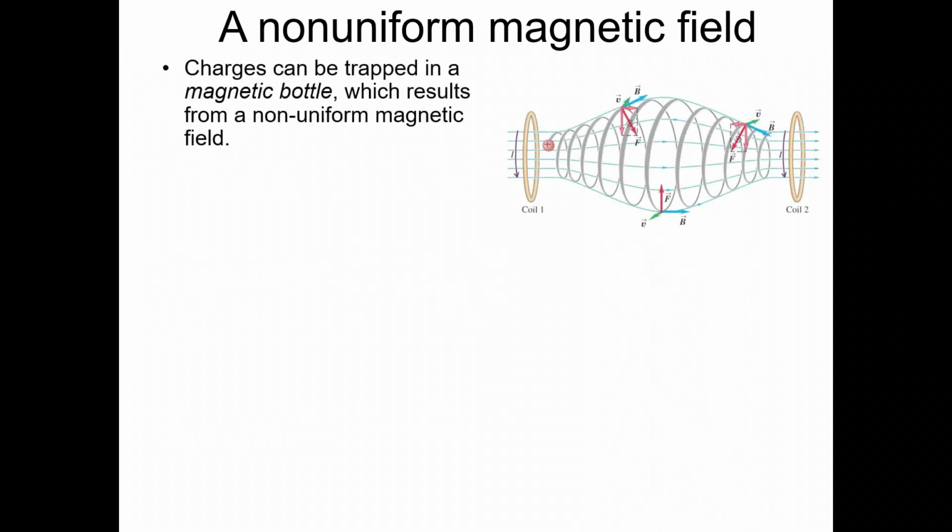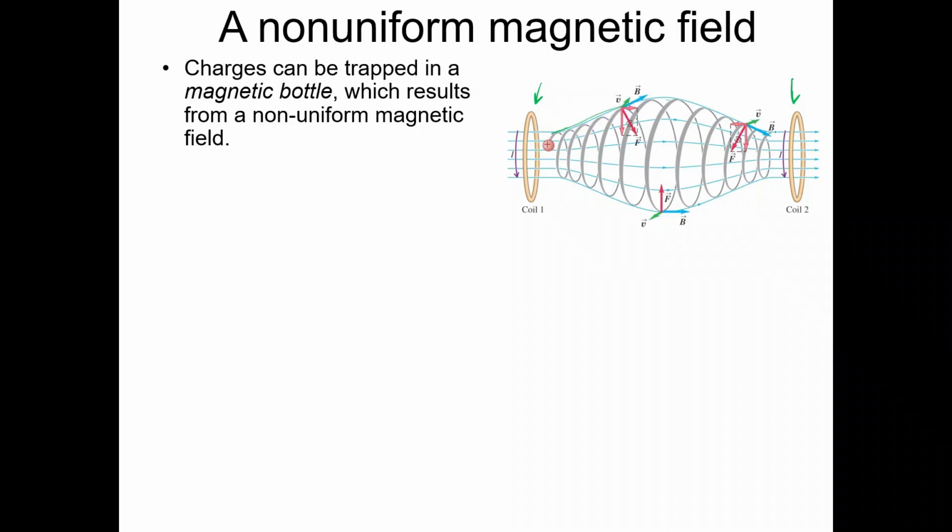Now, why is this kind of fun and important? This helical motion does all sorts of cool things. There's something called a magnetic bottle, which is made by having 2 current carrying loops. We'll see that current carrying wires create magnetic fields. These are creating magnetic fields that are in the same direction, but because of where they're created, the fields get weaker the further away you are.